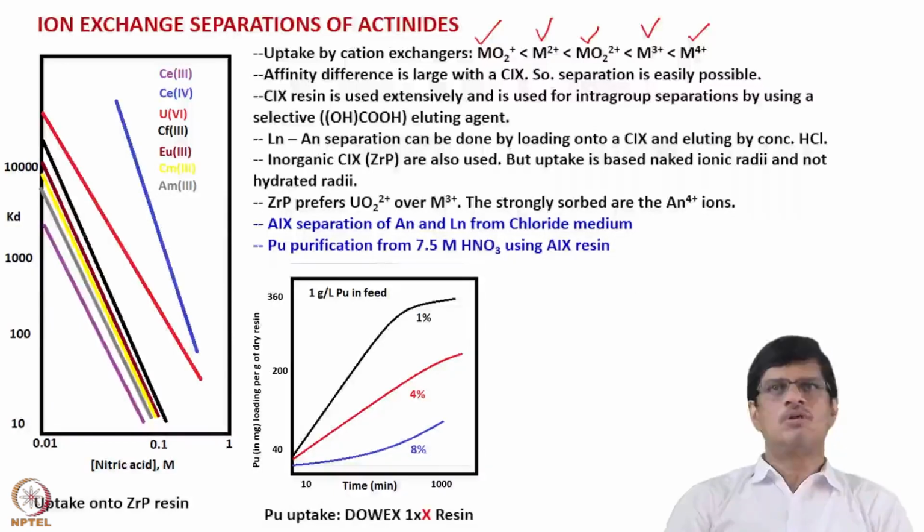That is one of the applications of this ion exchange resin. And also, as I have seen in the case of the ion exchange resins, the affinity difference between the cations is very large in the case of the cation exchange resin, so the separation is relatively easy.